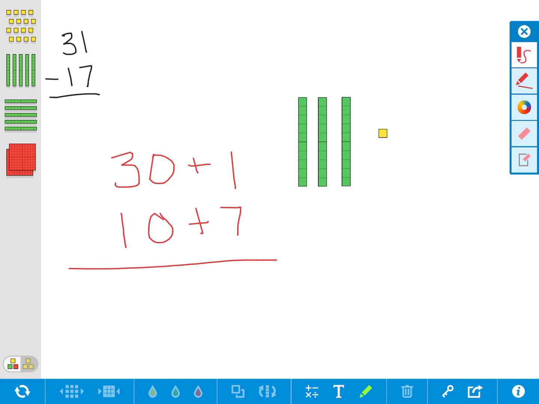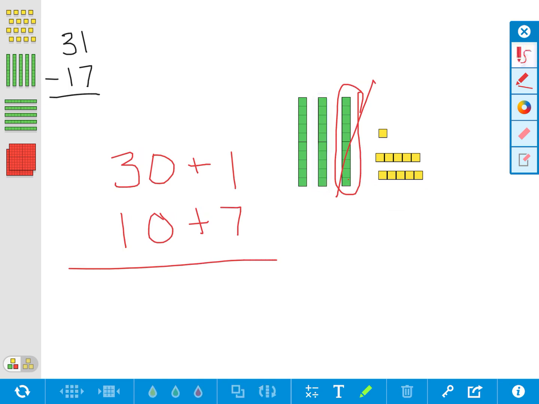Now this 30, I need to get rid of one of these 10s and trade it in for 10 1s. So let's do that. 1, 2, 3, 4, 5. And 1, 2, 3, 4, 5. Okay. So now I've got 2 10s here and here. And I've got 5, 10, 11 1s.